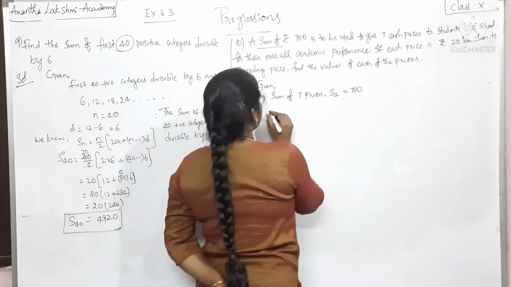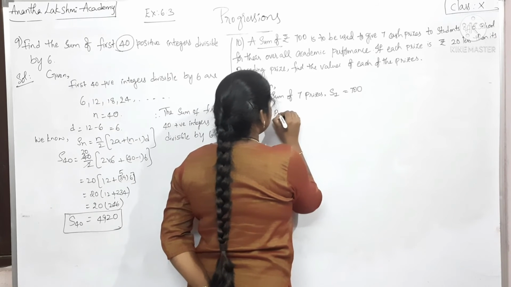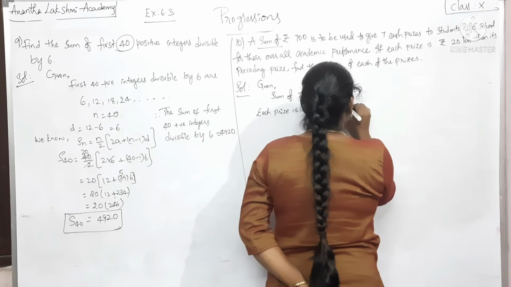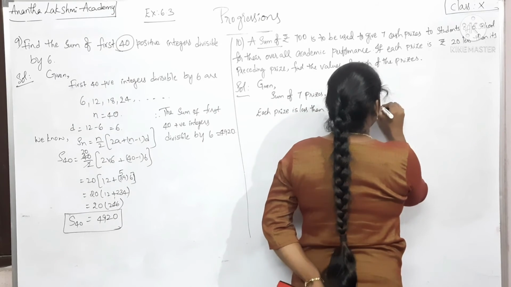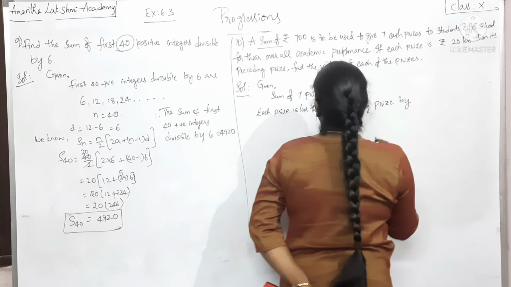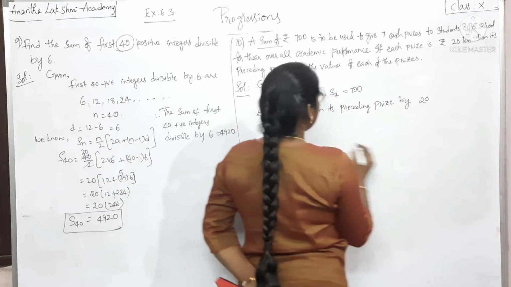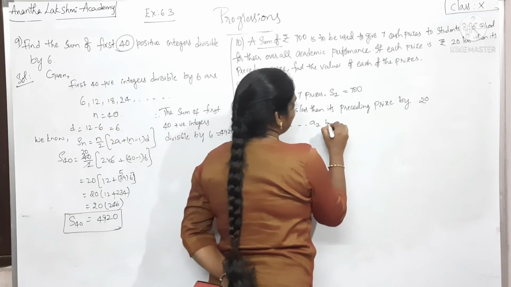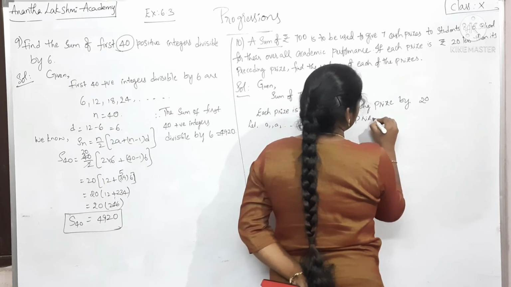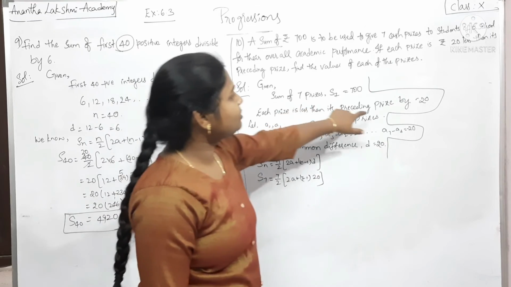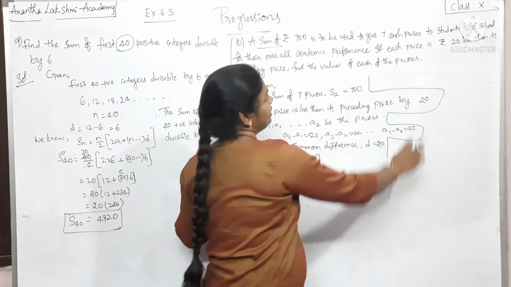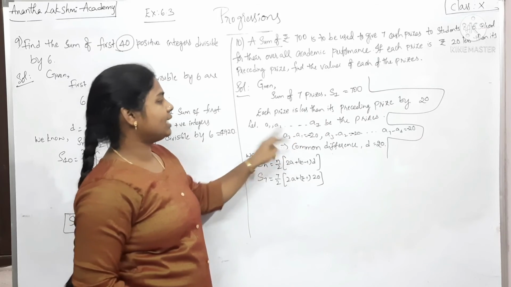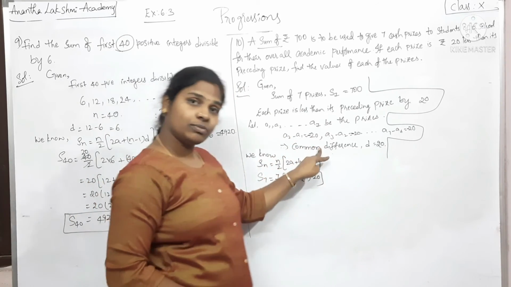Each prize is less than its preceding prize by 20. Let A1, A2 and so on to A7 be the prizes. As per the given statement, each prize is less than its preceding prize by 20, so the difference is going to be minus 20 here, because A2 is less than A1 by 20.